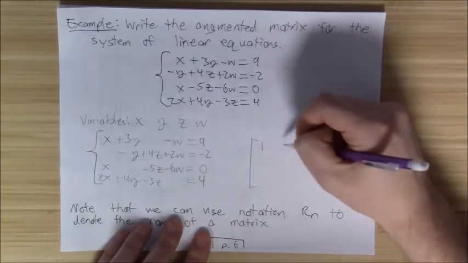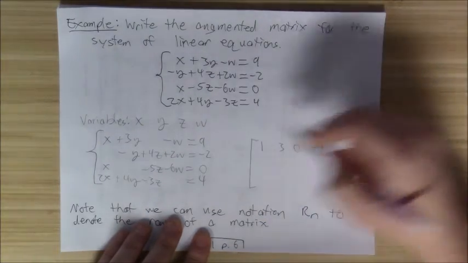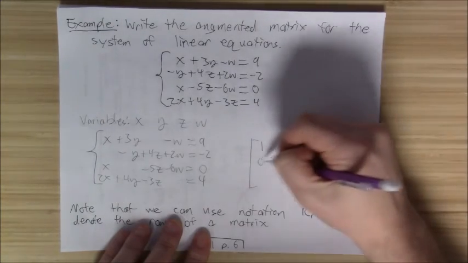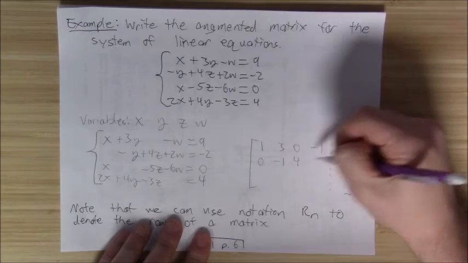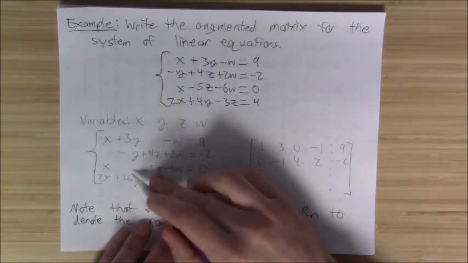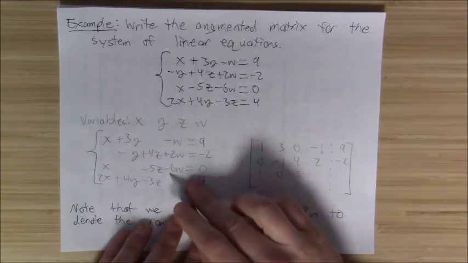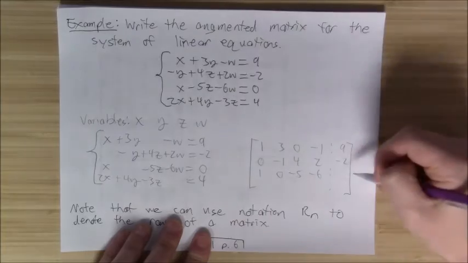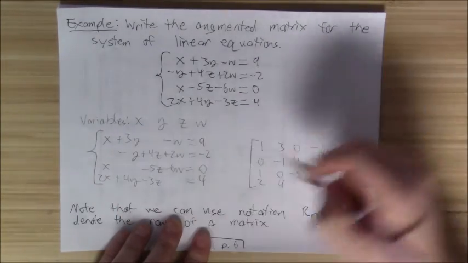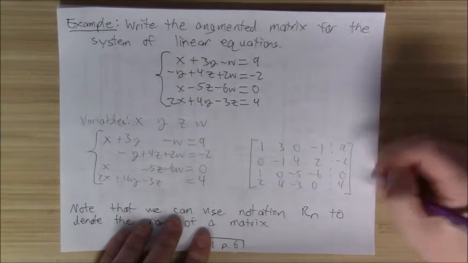1, 3, 0, -1, 9. Here, 0, -1, 4, 2, -2, 1, 0, -5, -6, 0, 2, 4, -3, 0, 4.